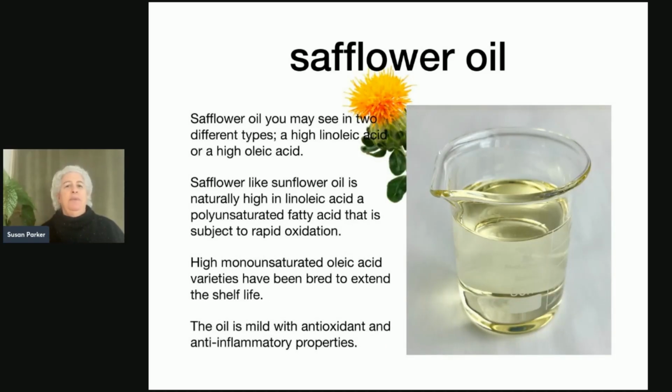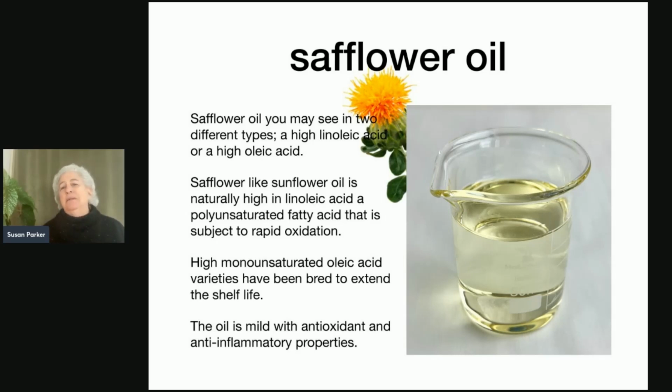Safflower oil, as you may see it on order sheets, there's often two types, a high linoleic and a high oleic, because linoleic acid, the original safflower oil and sunflower as well, is a polyunsaturated fatty acid, which means it can oxidize fairly quickly. So the food industry set about to make a high oleic acid version of safflower oil.